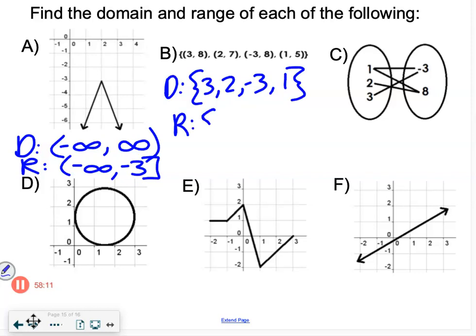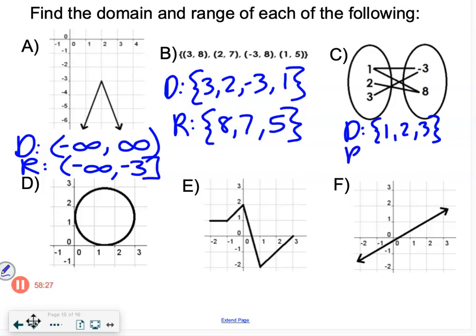And the range, 8, 7. You don't have to list the 8 twice. You just list it once. Okay. For this guy, again, you're just listing 1, 2, 3. And for range, -3 and 8.